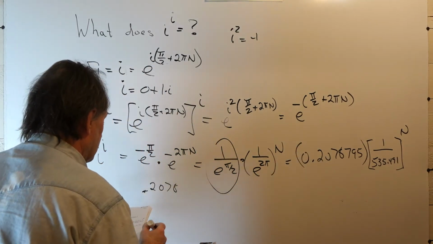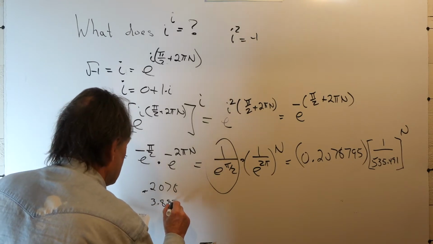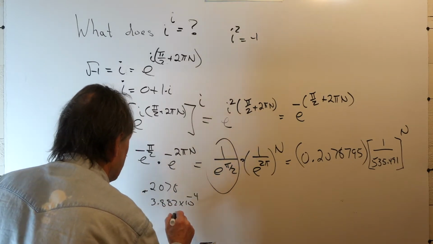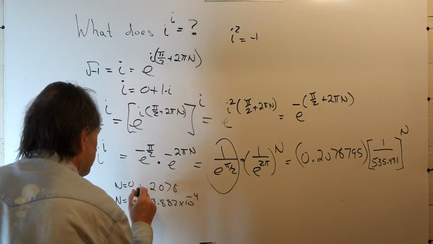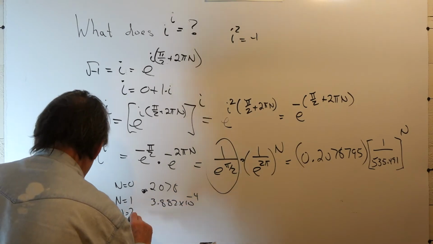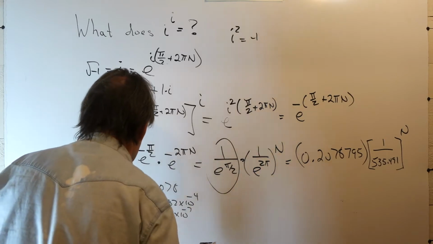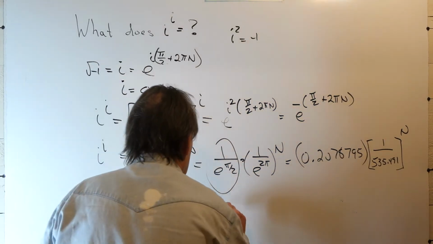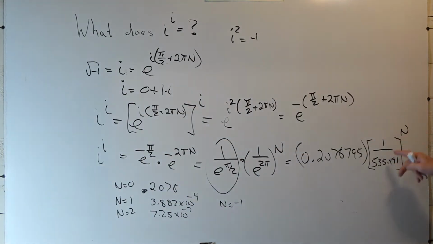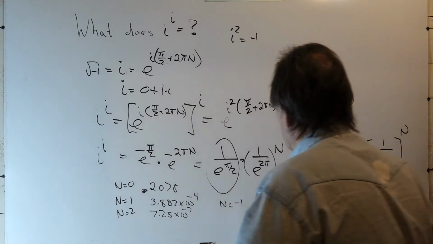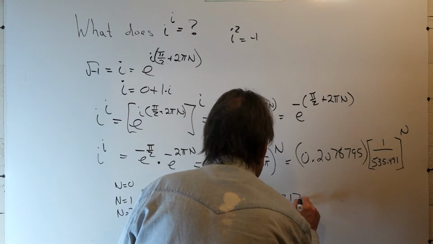When n is equal to 1, the value is 3.88 times 10 to the minus 4th. This is for n equals 1, and this is n equals 0. For n equals 2, the value is 7.25 times 10 to the minus 7. And when n is minus 1, this just flips up and we have 535 times 0.2, and the value is 111.317.